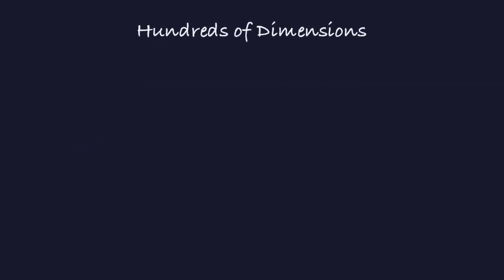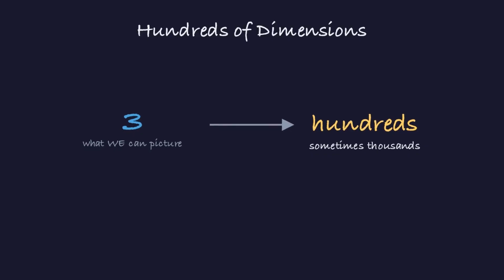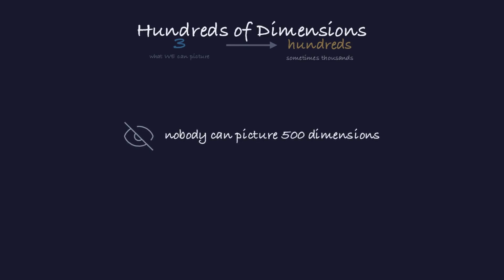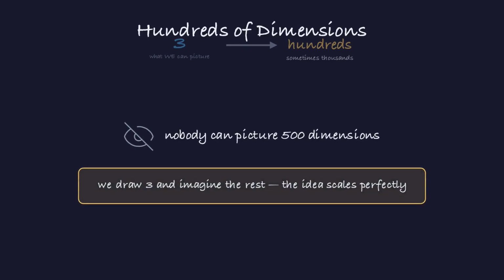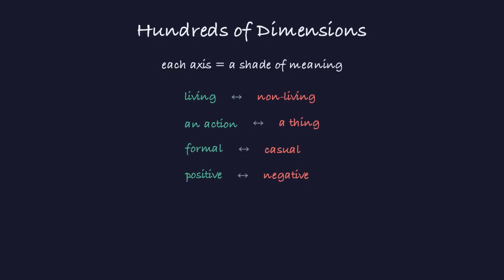Now 3 dimensions is what we can picture. Real embeddings use hundreds, sometimes thousands. I'll be honest, nobody can visualize 500 dimensions, including me, so we draw 3 and imagine the rest, but the idea scales perfectly. With hundreds of axes, the model captures hundreds of shades of meaning at once, living or non-living.